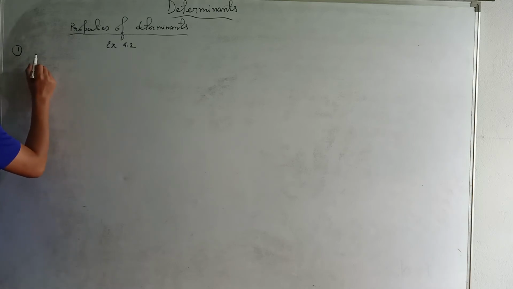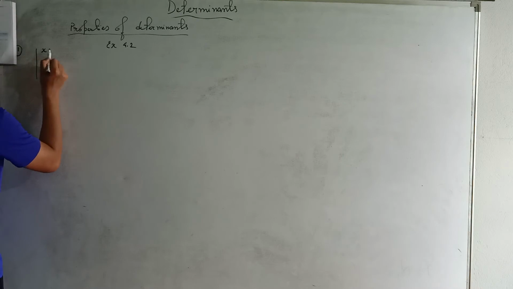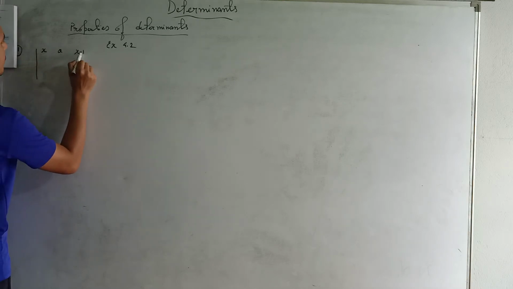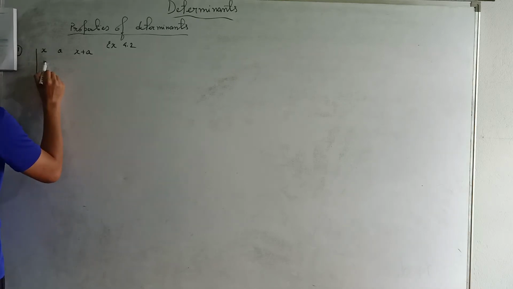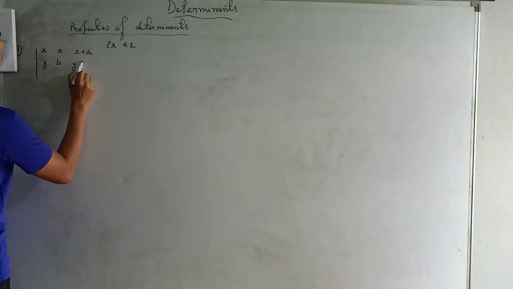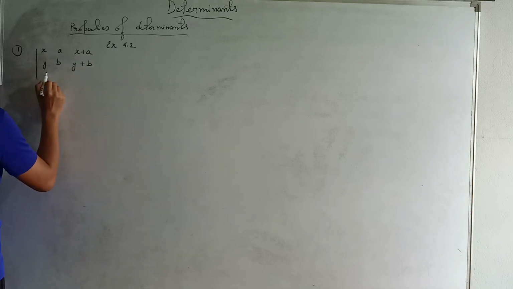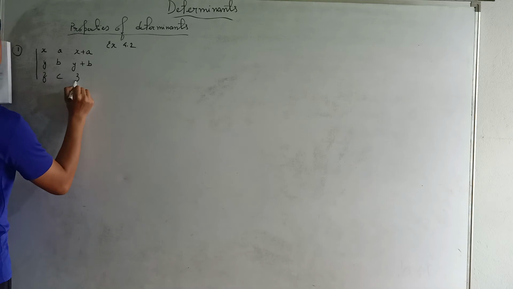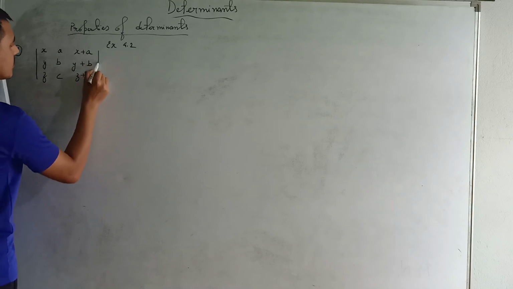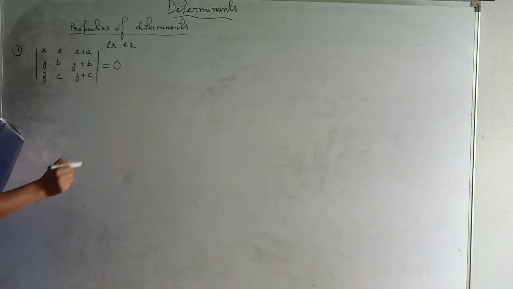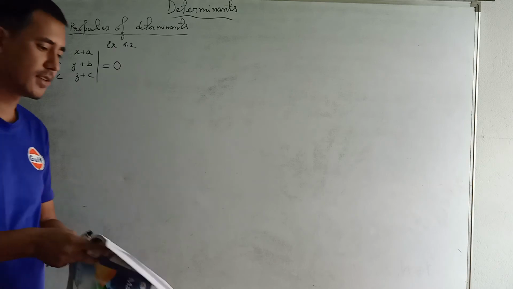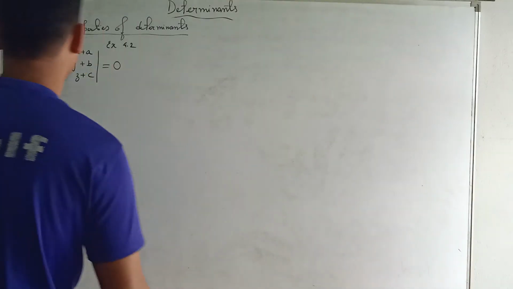So number 1, you have to prove that the determinant with rows x, a, x plus a; y, b, y plus b; z, c, z plus c is equal to 0.